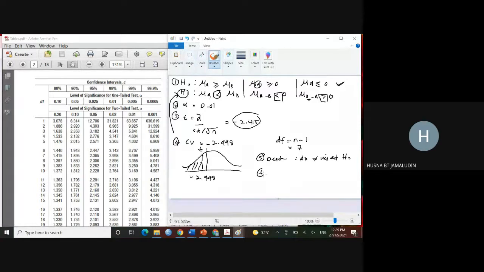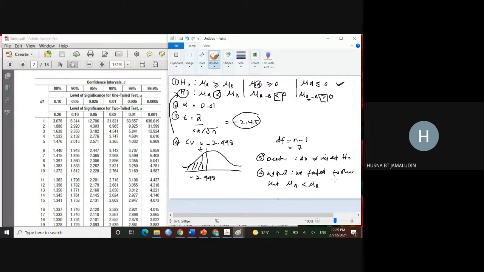So number 6, interpret. If you do not reject the H null, what can you say? We fail to show that the mu of after is actually less than the mu of before. Okay, you fail to prove your own hypothesis, your H1.